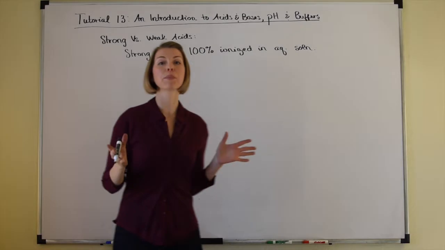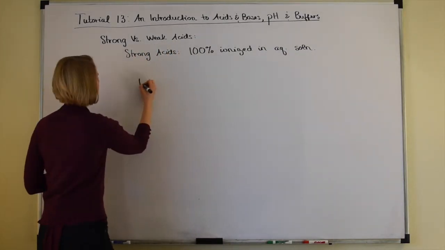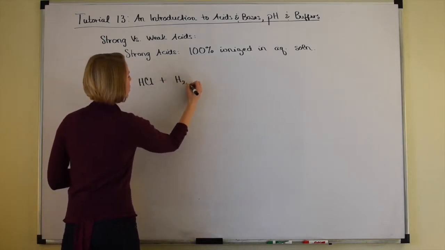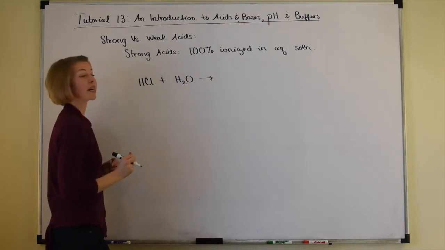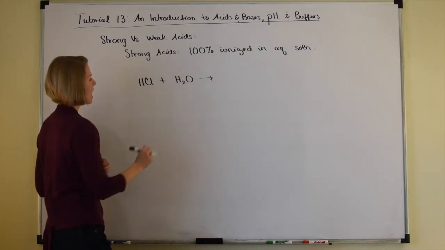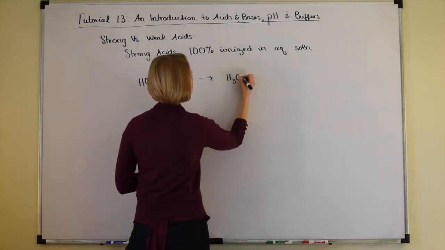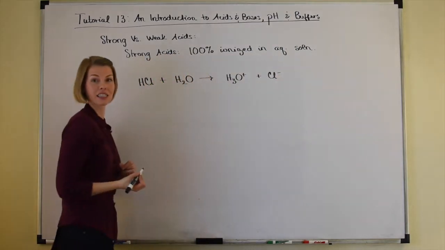Okay, so for example, let's take a look at hydrochloric acid, HCl plus H2O. We just saw a moment ago when we talked about characteristics of acids that this is going to ionize to hydronium and chloride anions.